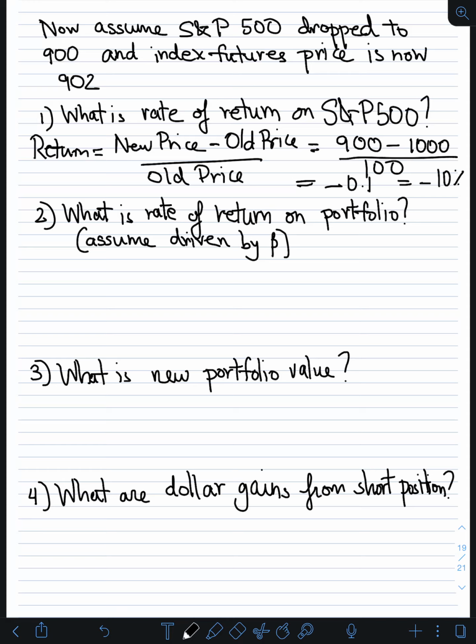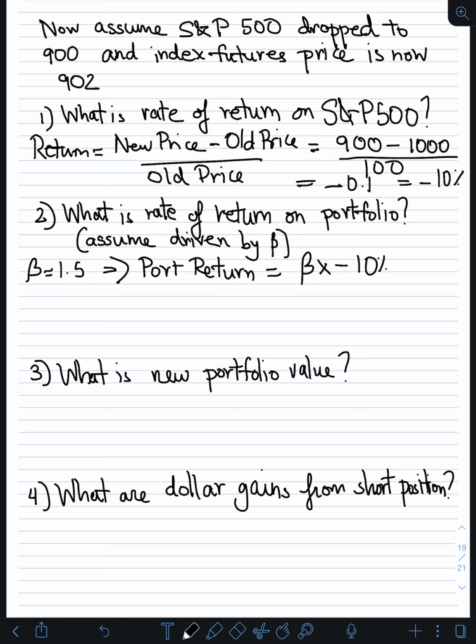Now, based on that, we ask, what is the return of the portfolio? If we know that the market changed by 10%, what are we changing by? We have a beta of 1.5, and we're going to use that. That means our portfolio return is beta times the market return, which is beta times minus 10%.